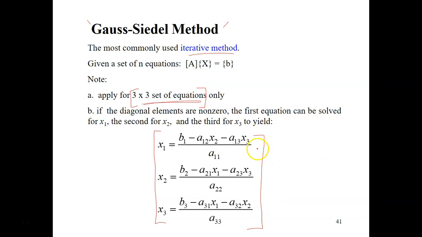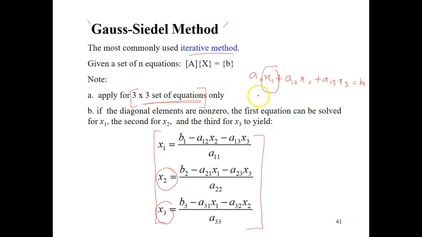So this formula, I wouldn't call this a formula. So this is just a11 x1 plus a12 x2 plus a13 x3 equals b1. So you are trying to solve for x1, x2, and x3.